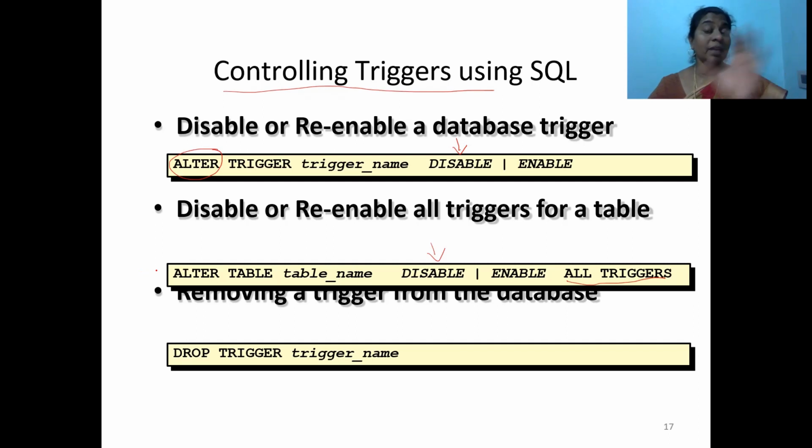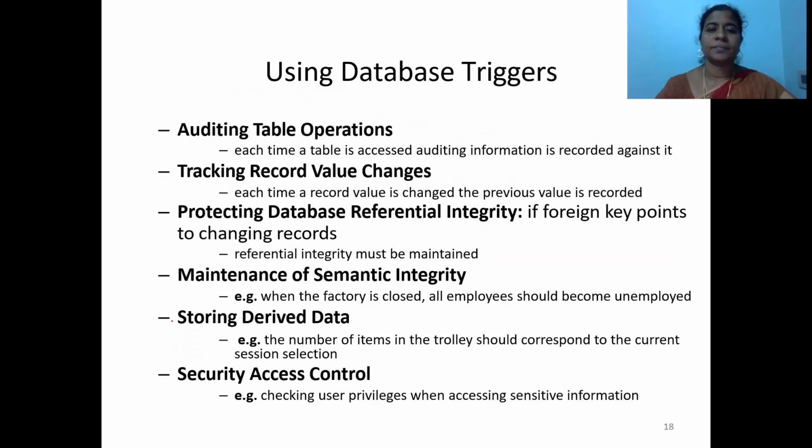And now you have created a trigger, and you wanted to drop the trigger, you wanted to delete the trigger. In that case you have to use the syntax drop trigger, and you have to mention the trigger name. And we use database triggers for auditing table operations, for tracking record values, for protecting database referential integrity.